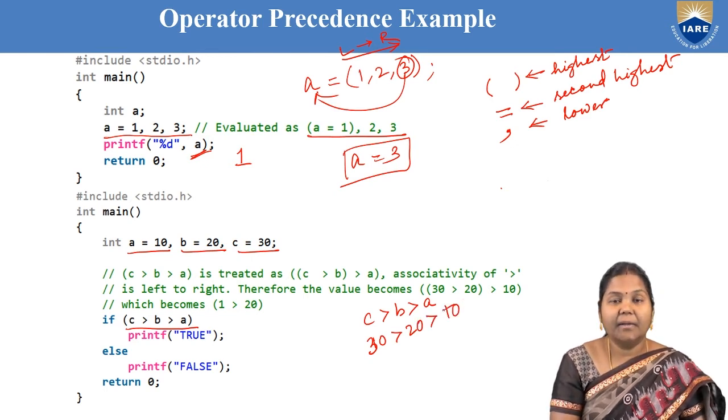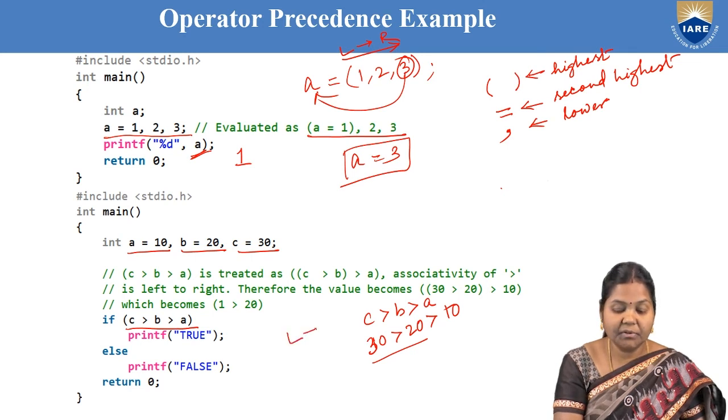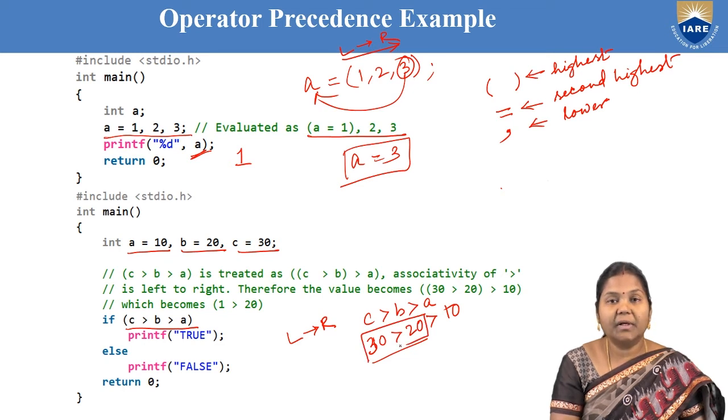But at a time, the evaluation is done only with two operands and an operator. You know that for comparison or relational operators, the associativity is from left to right. So, 30 greater than 20 will be evaluated. 30 is greater than 20, yes, it is true, so it returns 1. Next, 1 is greater than the remaining value 10?